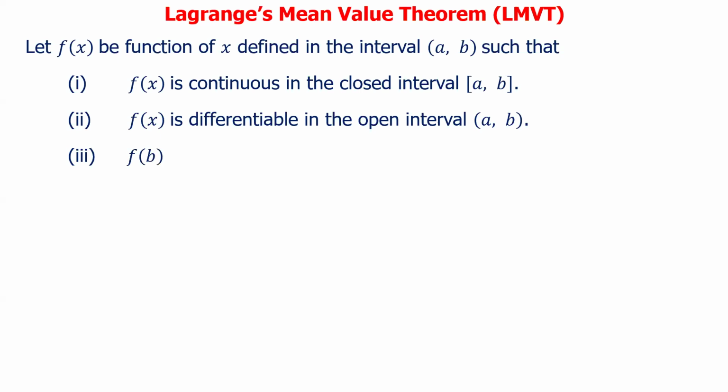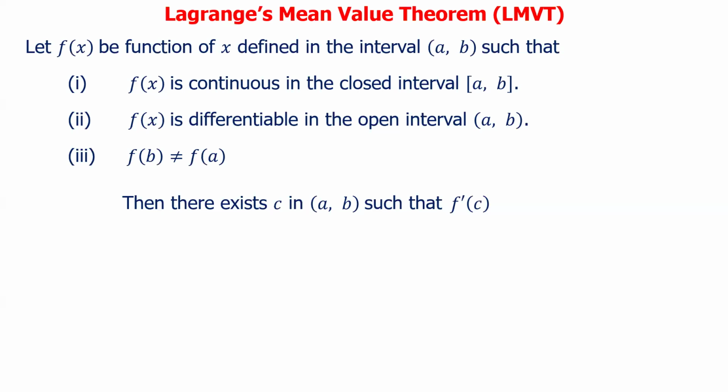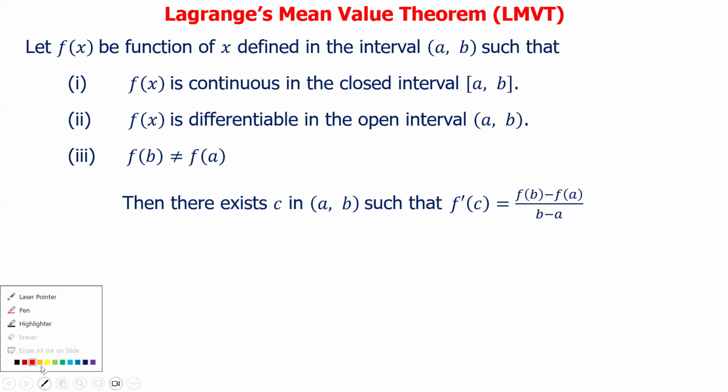And third, f(b) is not equal to f(a). Then there exists c in the open interval (a, b) such that f'(c) is equal to f(b) minus f(a) divided by b minus a.